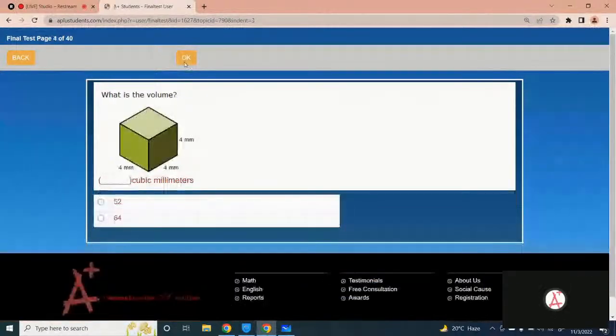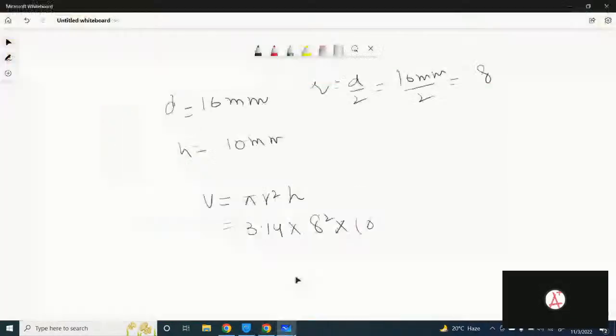The next one asks you to find the volume of the cube. The sides are 4, 4, and 4.